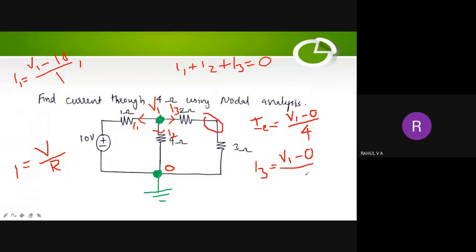So V1 minus 0 divided by 5. Okay, any doubt in that?